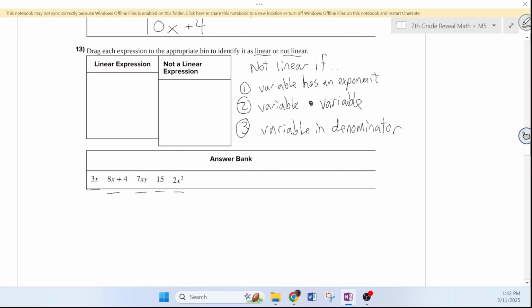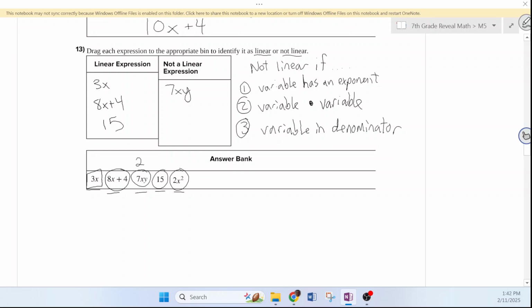So if we go through them, we see, does this pass all three tests? Yes, so that's linear. Okay, does this pass all three tests? Yes, that's linear. Okay, does this pass all three tests? No, it fails number 2, right? Fails rule 2, so that's 7x, y. This, good, passes the test.